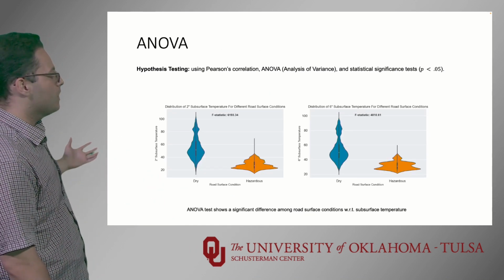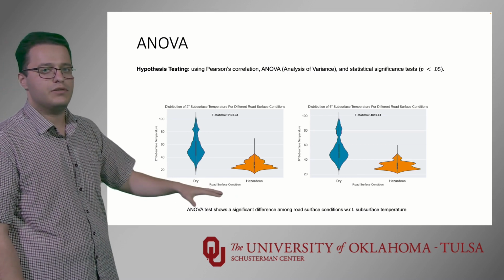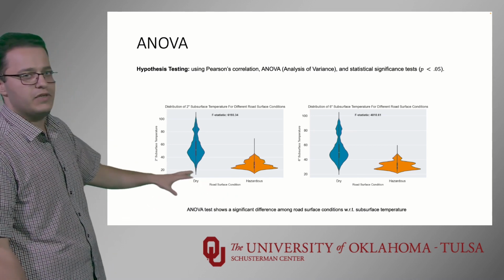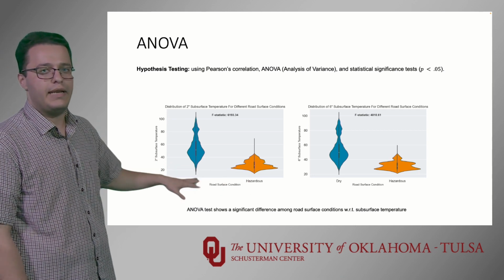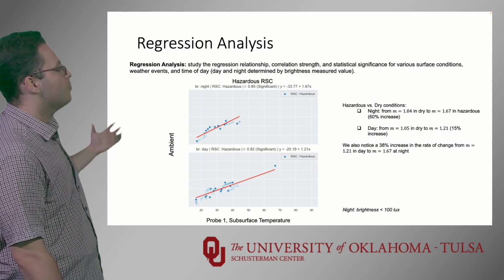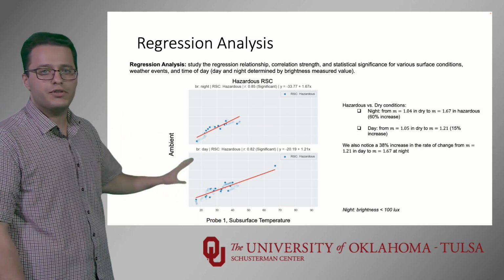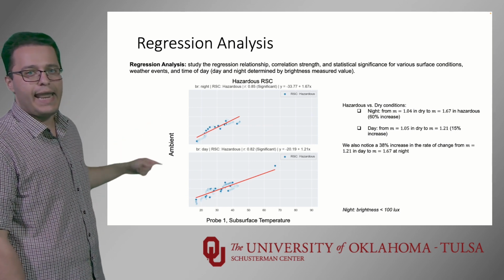We look at the correlation for subsurface temperature for different surface conditions, and we notice that there's a statistically significant difference between hazardous and dry conditions for both probes. We apply regression analysis to quantify the correlation coefficient and rate of change between subsurface temperature and ambient temperature during night and day.